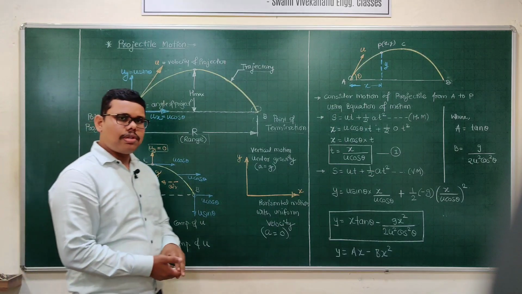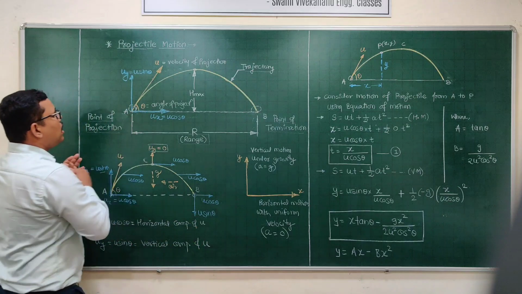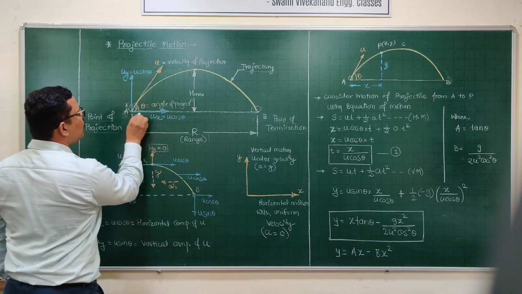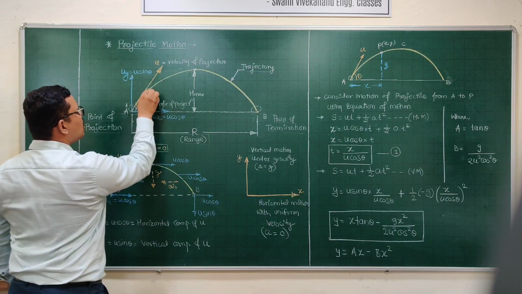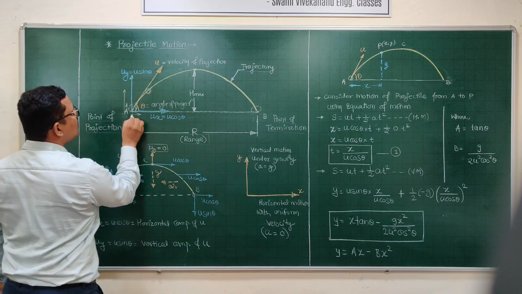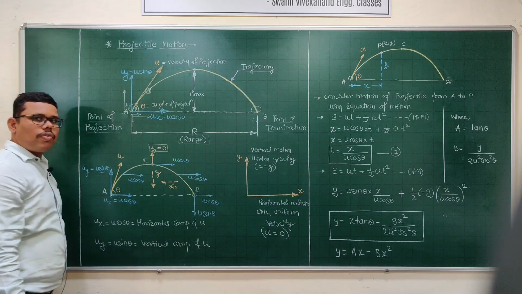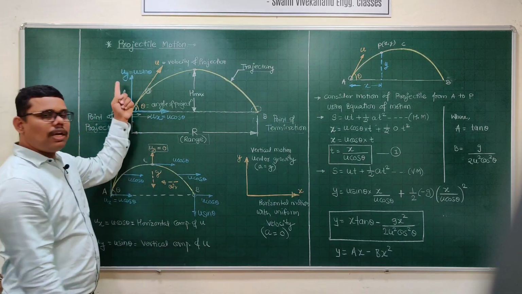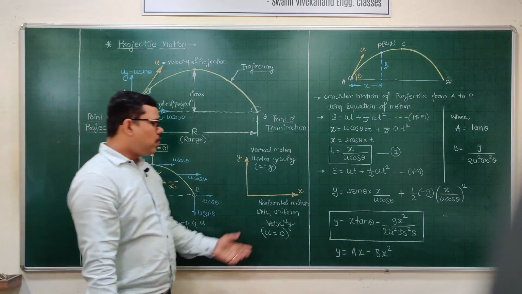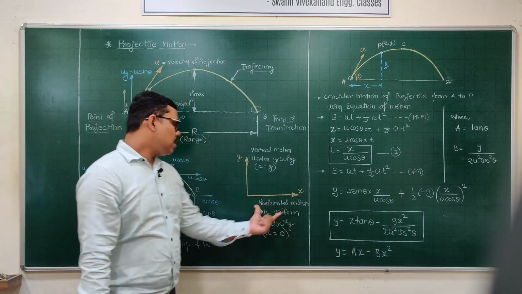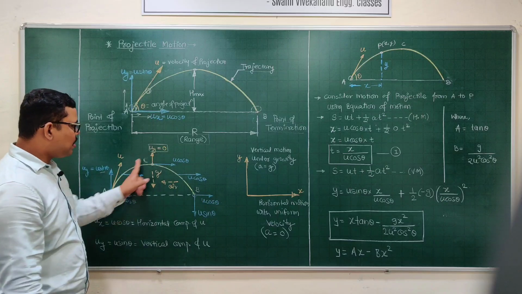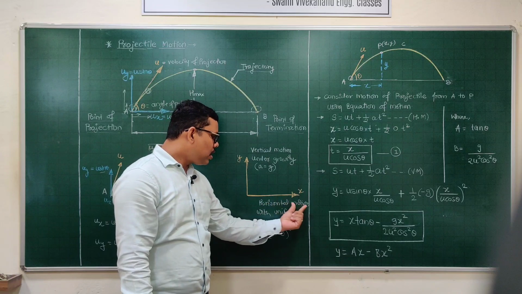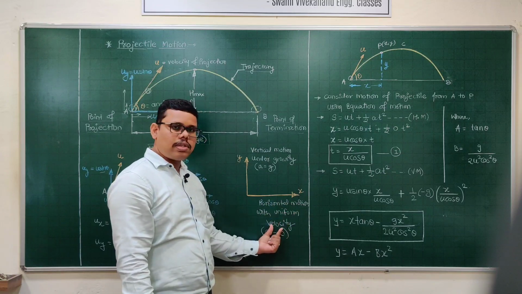Two direction motion means if we see here, this ball is moving upward and at the same time it is moving forward. That means it has two directions of motion, horizontal motion and vertical motion. But for horizontal motion, as we see over here, the x component of velocity is constant. So we can say horizontal motion is with uniform velocity.